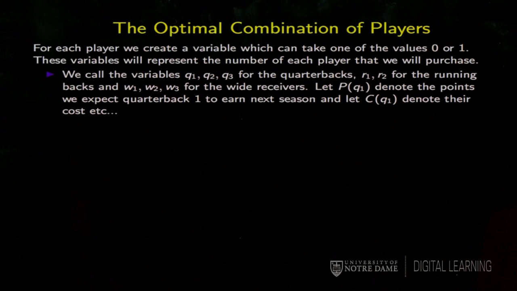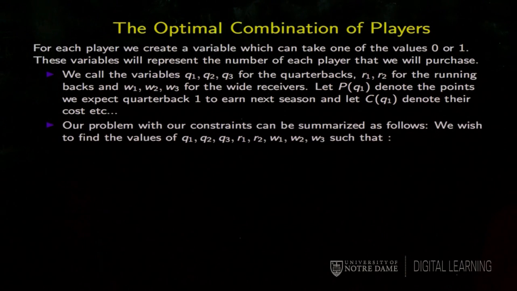And we're going to use this notation. Let P of Q1 denote the number of points we expect from quarterback 1, C of Q1 the cost of quarterback 1, etc. Okay, our problem with our constraints can be summarized as follows.